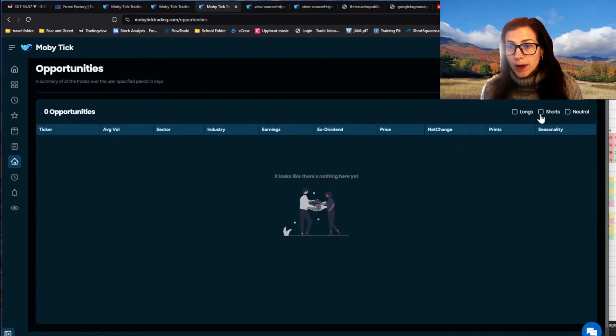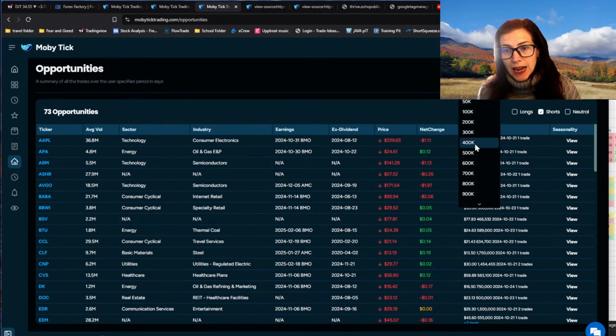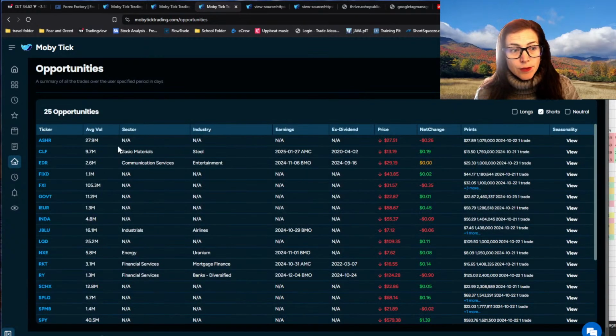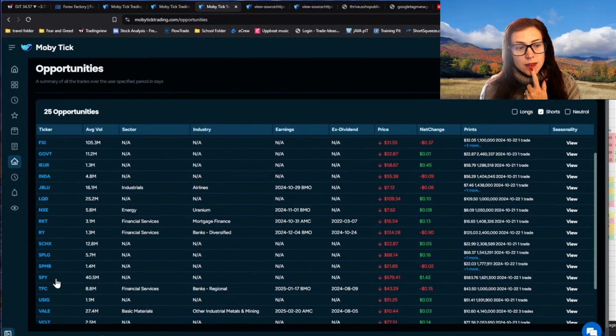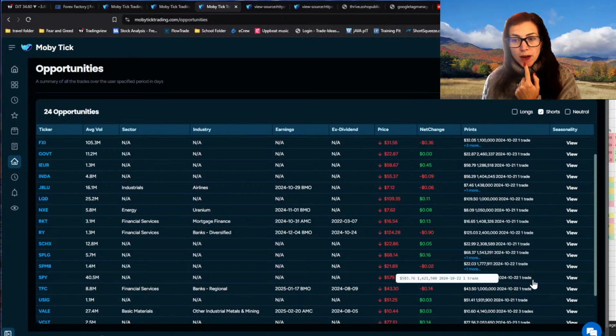Okay, well, you know what? Maybe you like to go short, right? Maybe you want to see any ones that have a trade larger than $1 million, right? And we can say, all right, ooh, look at this. Trade opportunity, the SPY ETF, right? SPY ETF price is $5.79. We have had one trade above us.